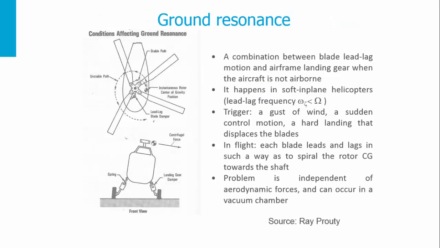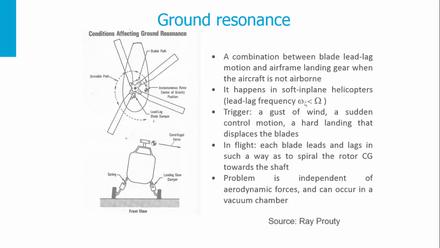The ground resonance is an aeroelastic instability characteristic to helicopters, which is a combination between the blade lead lag motion and the airframe landing gear when the aircraft is not airborne. Usually it happens in the so-called soft in-plane helicopters.